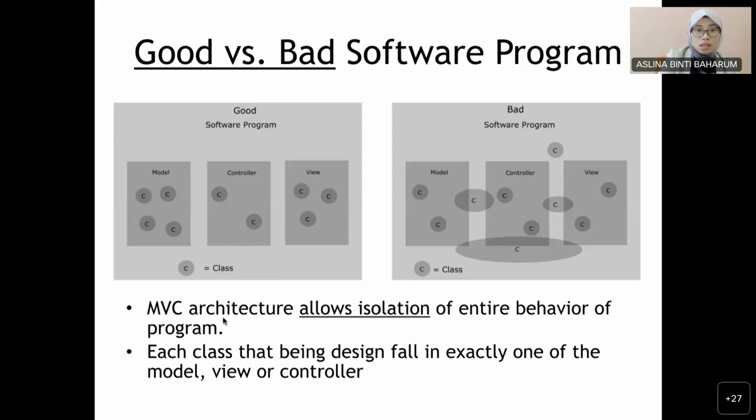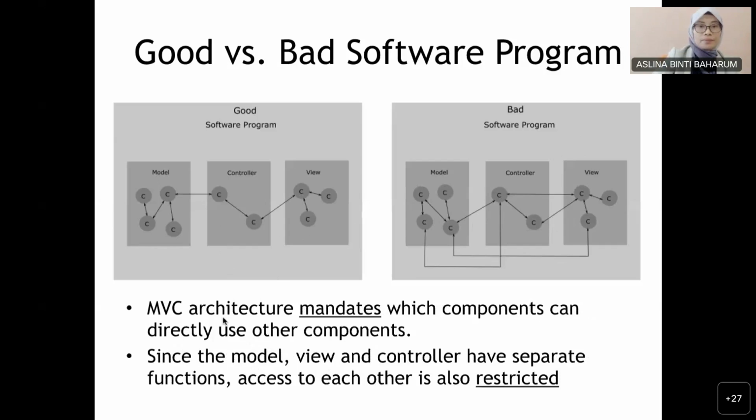So using MVC architecture allows isolation. Each has its own role, and the connection is from the model through the controller to the view. The model and view are not connected directly, it's restricted, so it goes through the controller.